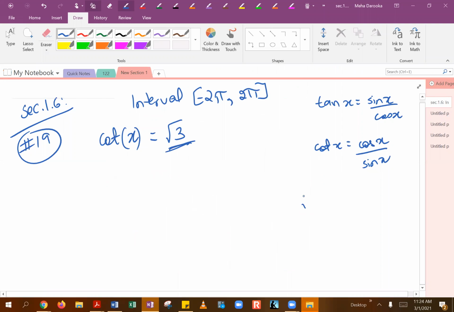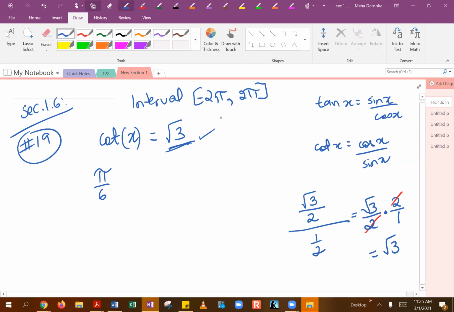So I take square root of 3 over 2, which is cosine, divided by 1/2, which is sine. Remember, we keep the first fraction the same, invert the second fraction, and that changes division to multiplication. Our 2's cancel out, leaving us with square root of 3. So pi over 6 is going to work because that gives us the square root of 3.